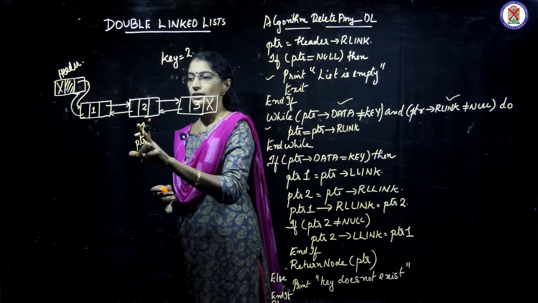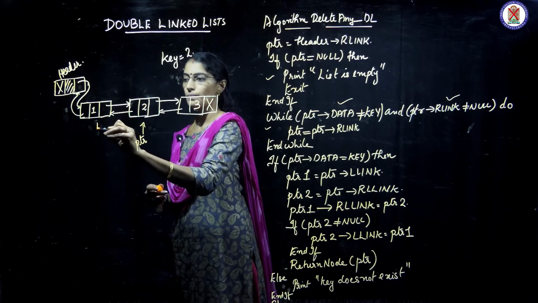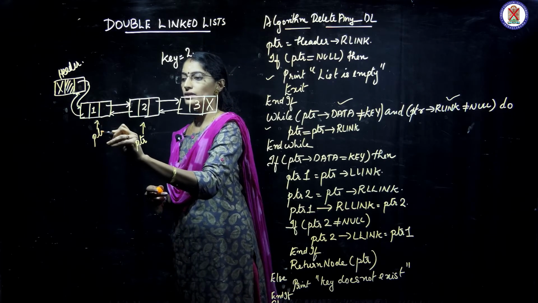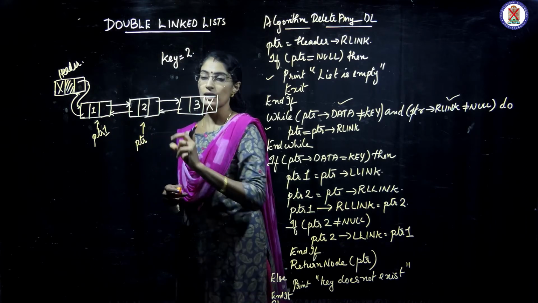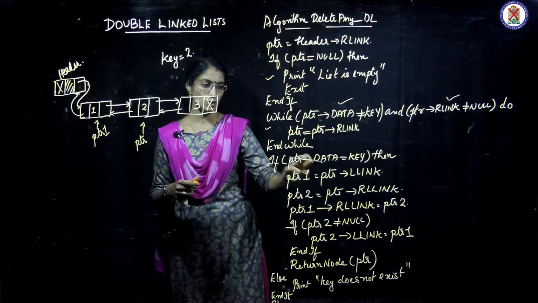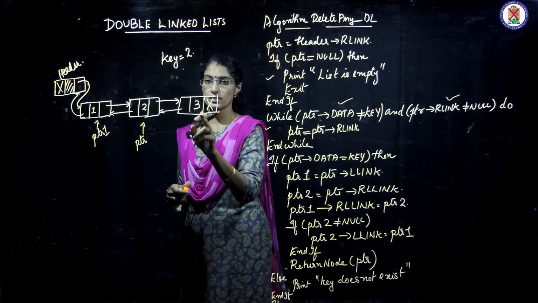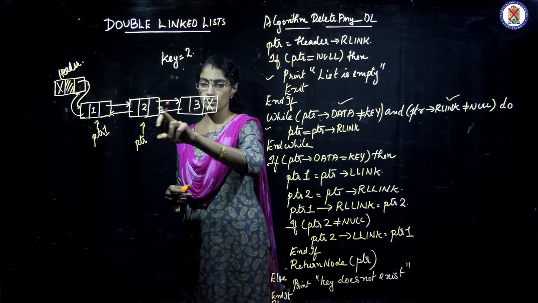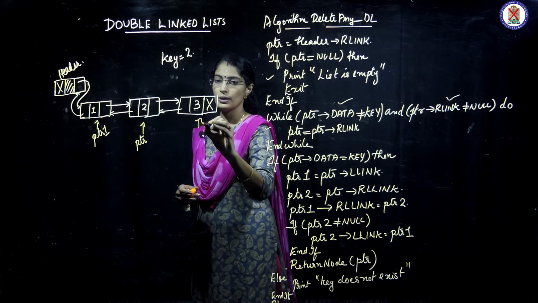Now I can refer to the predecessor node as ptr1. Now how do I give this assignment? Predecessor can be found from the left link of ptr, right? So the left link of ptr is given to ptr1, and the successor of the node that is going to be deleted can be referred to as ptr2.